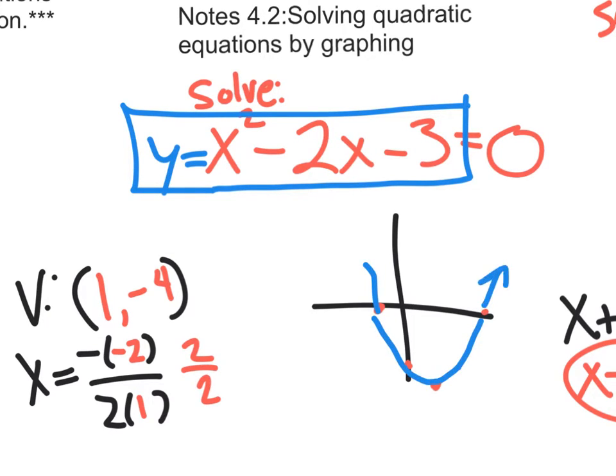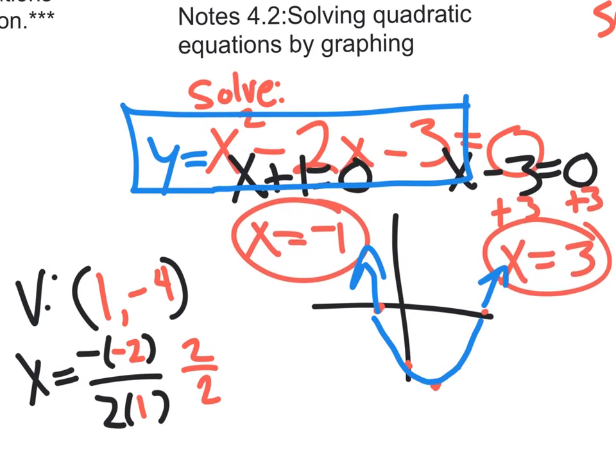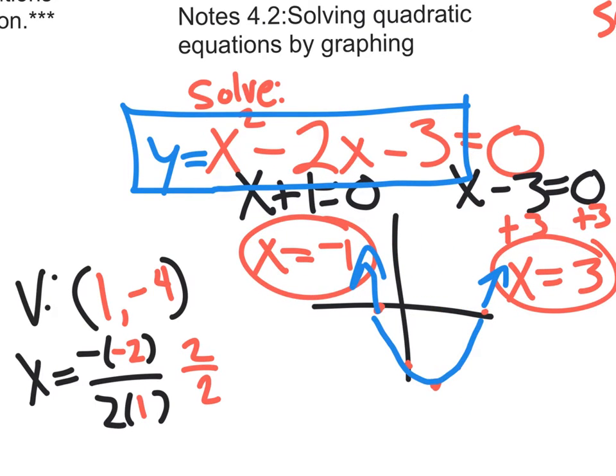I apologize. But the fact is that if I were to have graphed this perfectly on graph paper, my x-intercept values would be the values -1 for x and 3 for x.